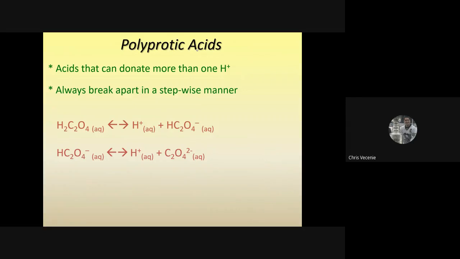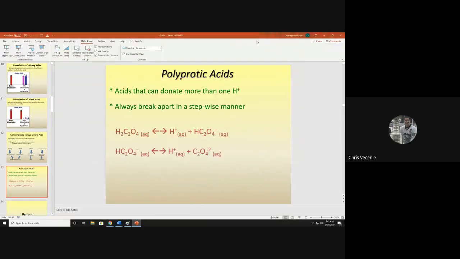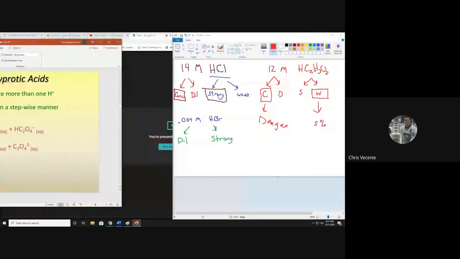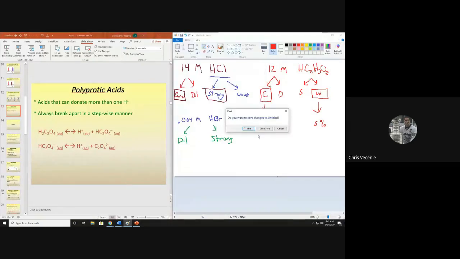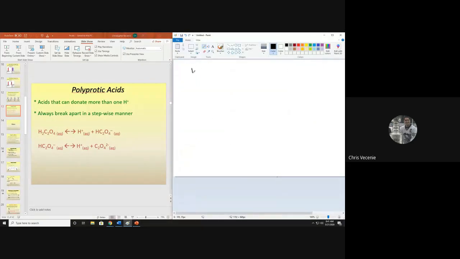Here's the thing. When they donate those H's, they donate them 1 at a time. So if I'm looking at this acid here, which is oxalic acid, and that's just the polyion you don't know, when I get the H2C2O4, don't think of it as bursting apart into its ions, where it's like, oh, I get 2 H pluses and I get the C2O4 -2.